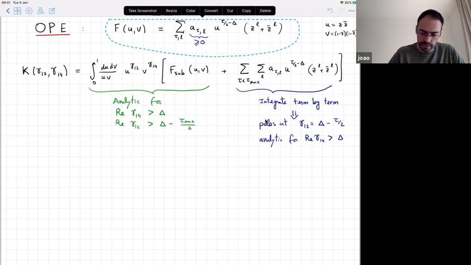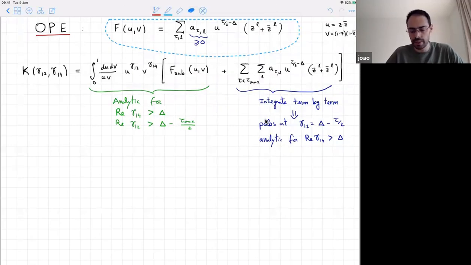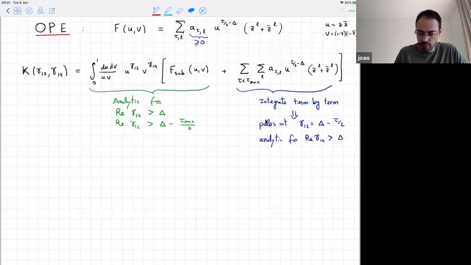What matters is that the coefficients A are non-negative. Basically the expansion in z and z bar. And then you just split. You say, let's take the first terms up to tau less than tau max, and the rest I call tau subtracted. Okay? So I subtract the leading singularity, u going to 0.